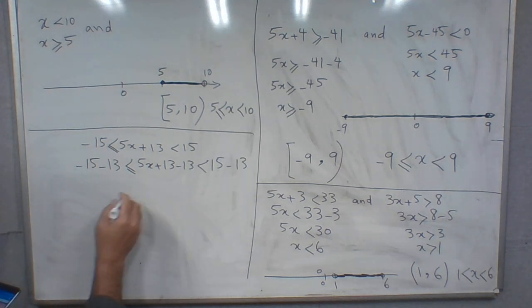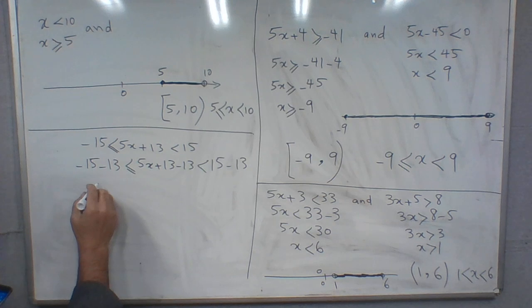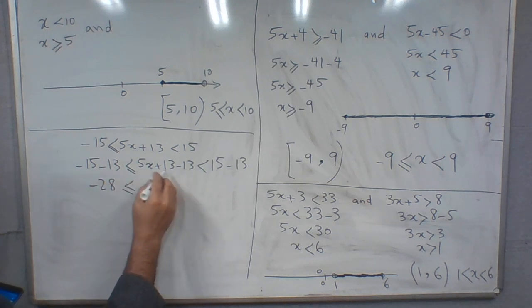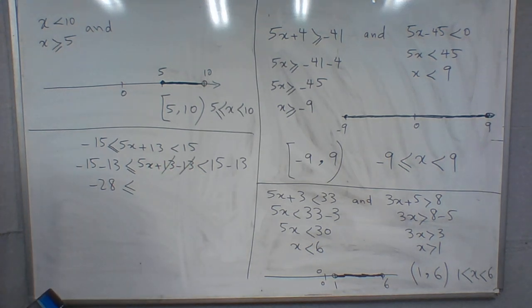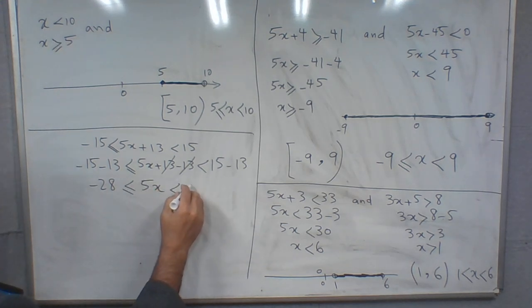Now do the calculations. Minus 15 minus 13 is minus 28. And in the middle, 13 and minus 13 cancel, leaving 5x. And this is 2.